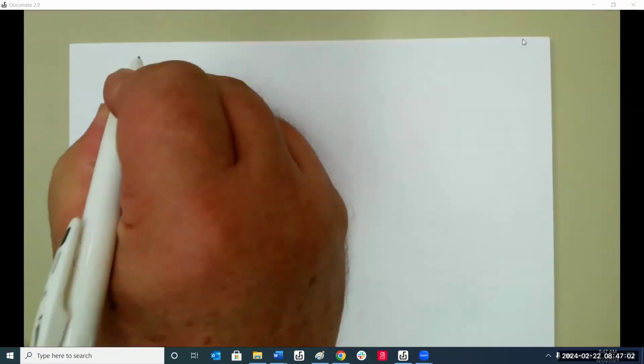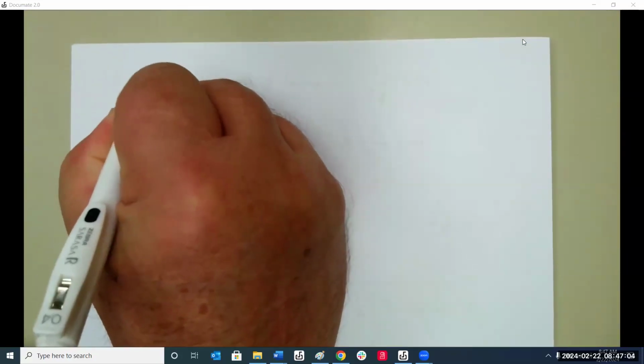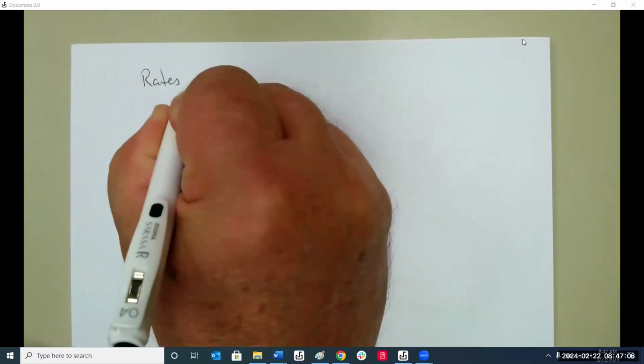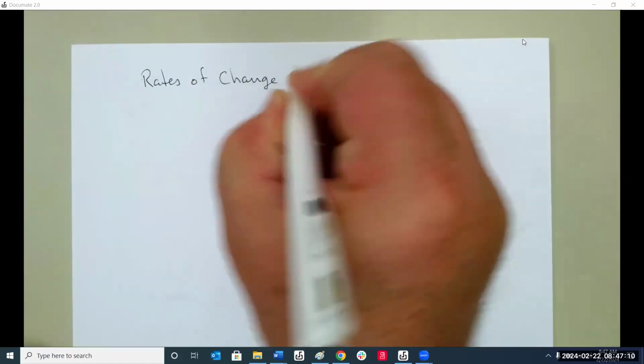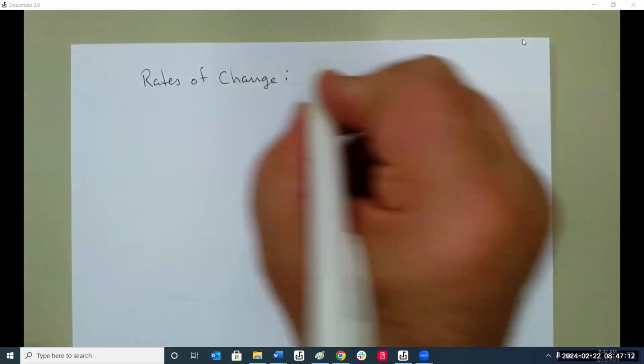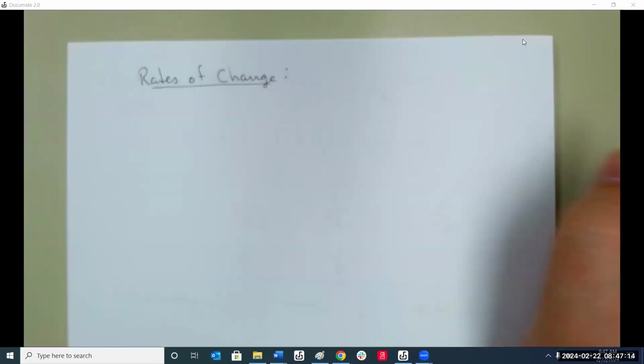So we're getting closer and closer to defining what we're actually looking for in calculus. So, rate of change. With rate of change, what's another name for it?